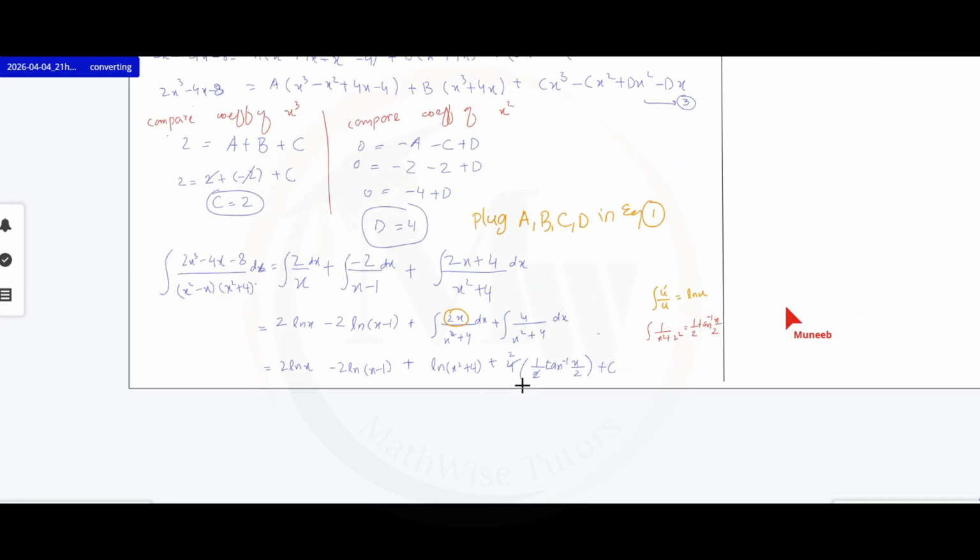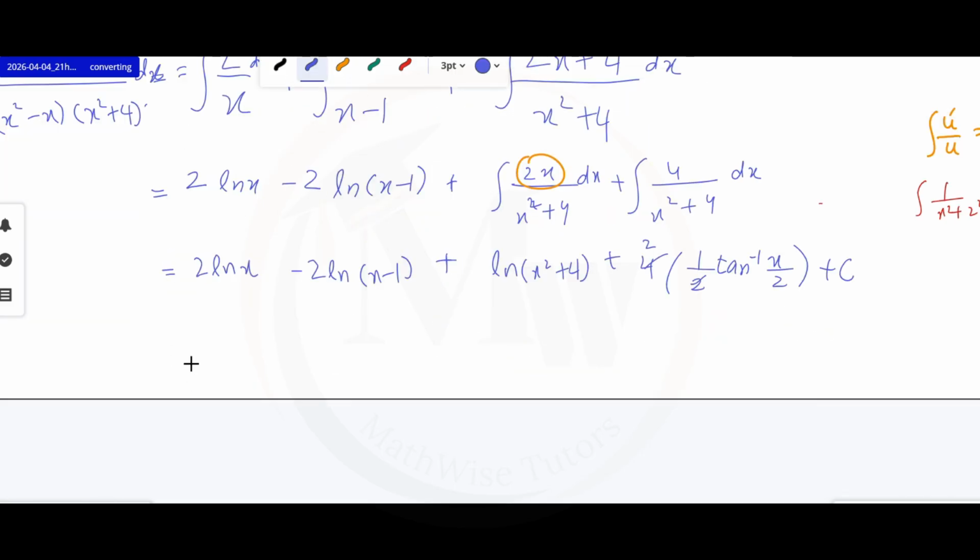It will be 2 tan inverse x by 2. So this would be equal to 2 natural log of x minus 2 natural log of x minus 1. Okay, do you know we can also combine them, combine the natural logs? So when it's subtraction, first of all, you know that if you have a number before natural log, you can take it on the power, right?